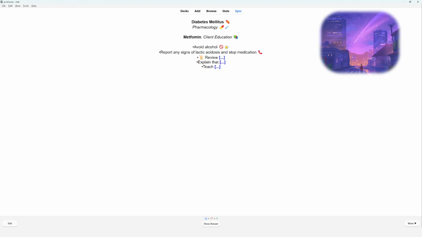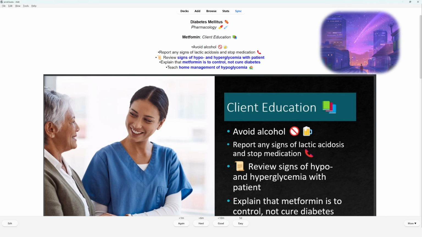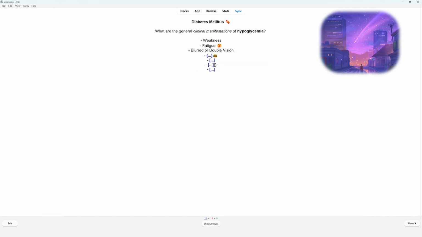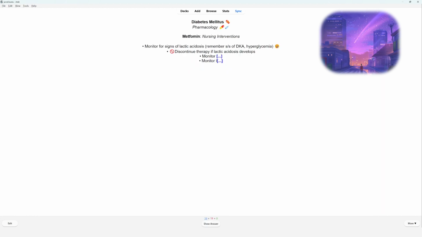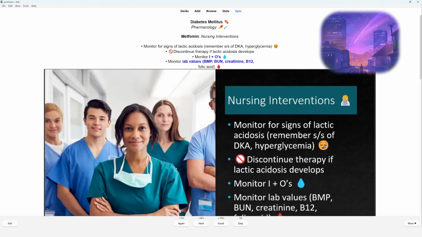Explain it's not a cure, it's just a treatment, and teach them home management of hypoglycemia. Hypoglycemia: polyphagia, tachycardia, headache, and shakiness. What else? Monitor INRs and monitor lab values.